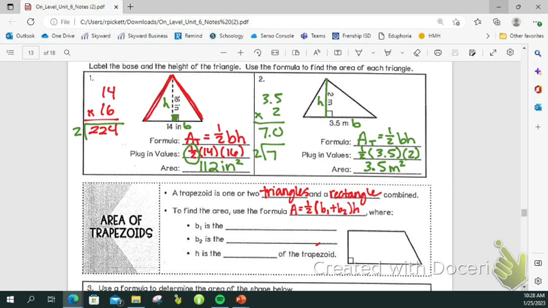Now that looks really complicated, but we're going to break it down so that it's really not any harder than a triangle. You need to know that B1 is the length of the first base. And B2 is the length of the second base.